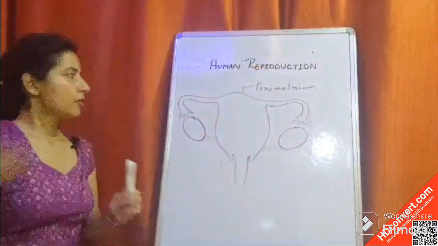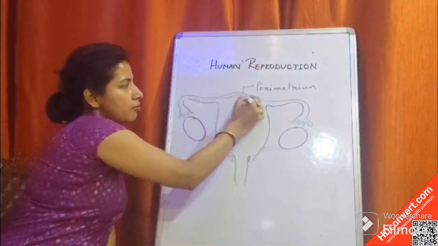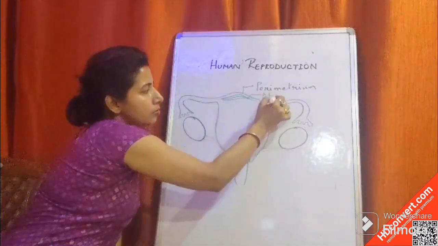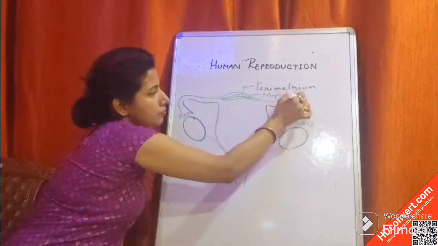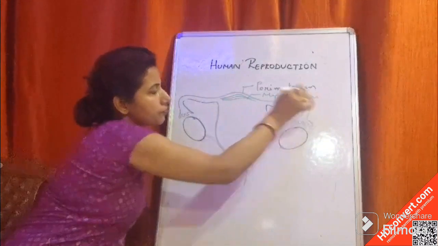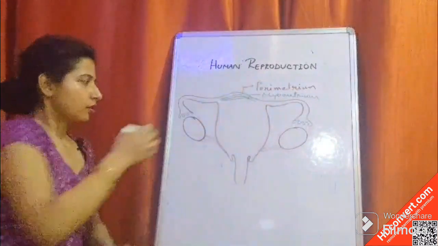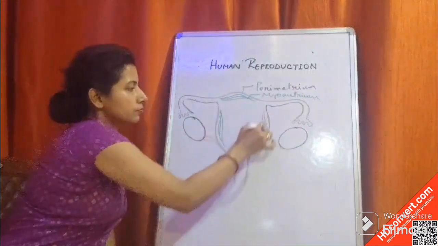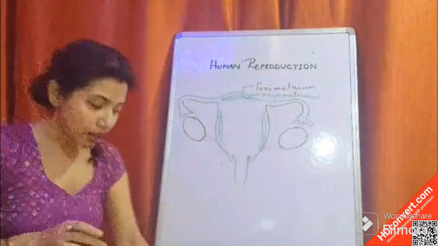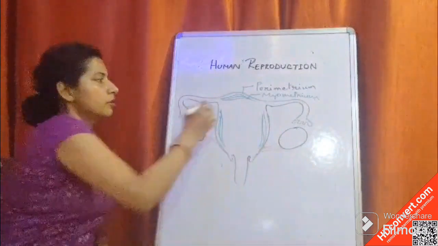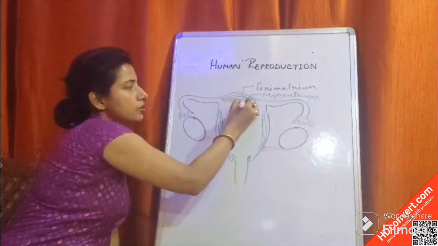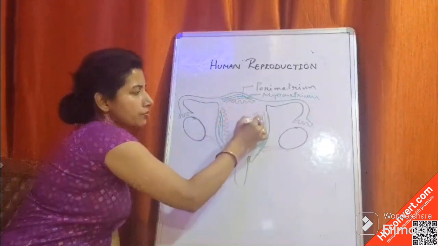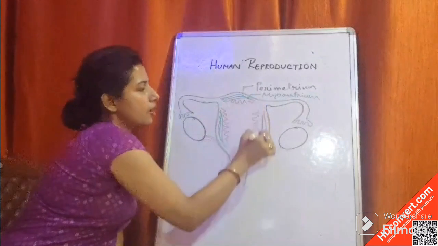Below the perimetrium, there is a thick muscular layer, and this is known as myometrium. Myo means muscle. Inside the myometrium, there is a vascularized layer of the uterus.